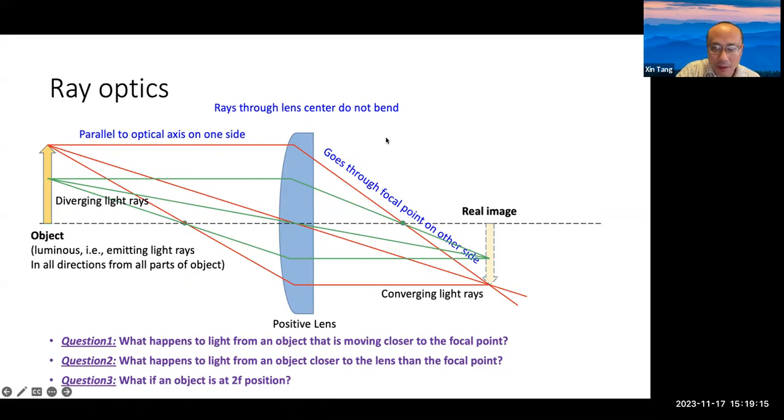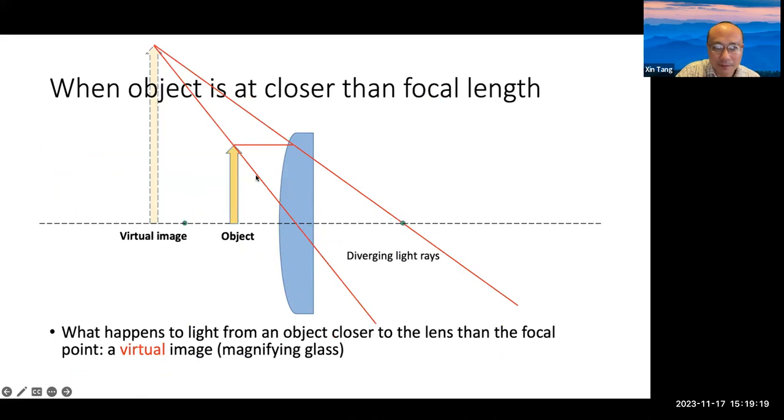Now here is the ray optics for one lens, and following those 3 questions, if you go past that focal point, if the object has a distance even smaller than the focal length of the lens, then it gets even closer. What will happen?